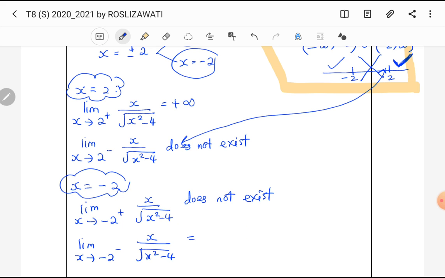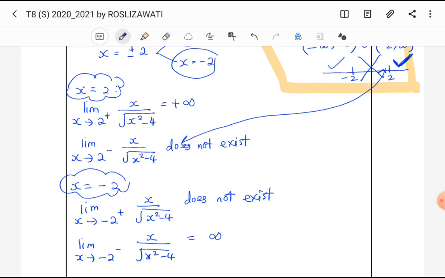Okay, next we have limit x approaches negative 2 from negative, x over square root x squared minus 4. Okay, so kalau awak ganti, awak akan dapat negative 2 over 0. So, awak akan dapat infinity. How to know positive or negative infinity? Kita kena substitute one number. Okay, guna calculator, calculate.